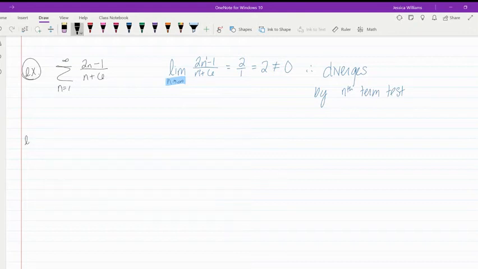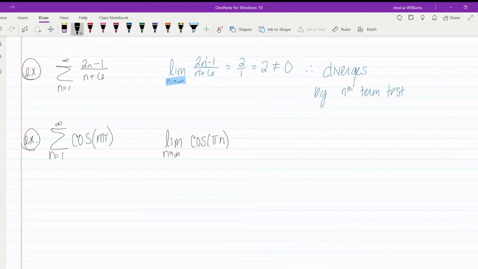Another. If I ask you to do the cosine of n pi, and we try to take that limit, I know what cosine looks like, and I know it's stuck between -1 and 1 all the time.